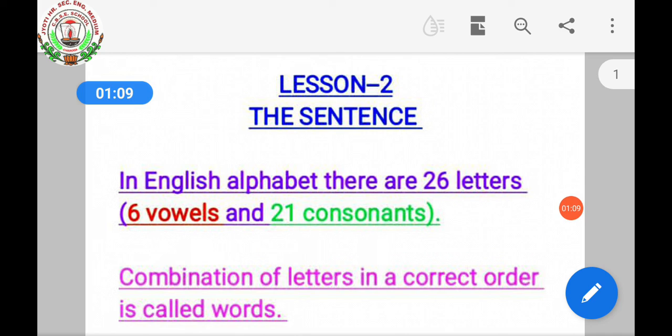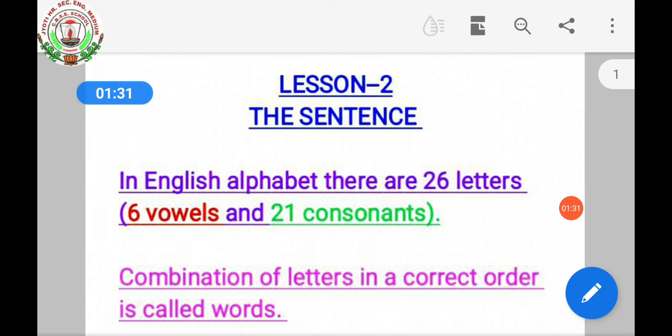And slowly and gradually we humans invented the language. Then we invented the language to make others understand our feelings and to get information from them. लैंग्वेज का इन्वेंशन हुआ तो क्या हुआ, हम एक दूसरे के विचारों को समझ पाए, फीलिंग को और इंफॉर्मेशन को भी एक दूसरे के पास पहुंचा पाए.